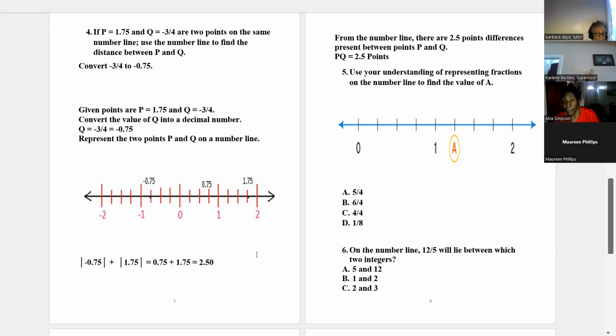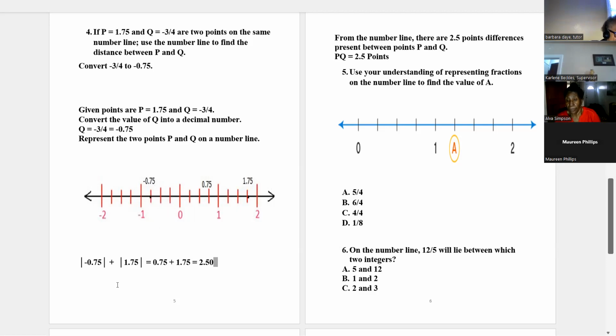But each place represents what? What does each place represent here? Each one of these represents 0.25, right?